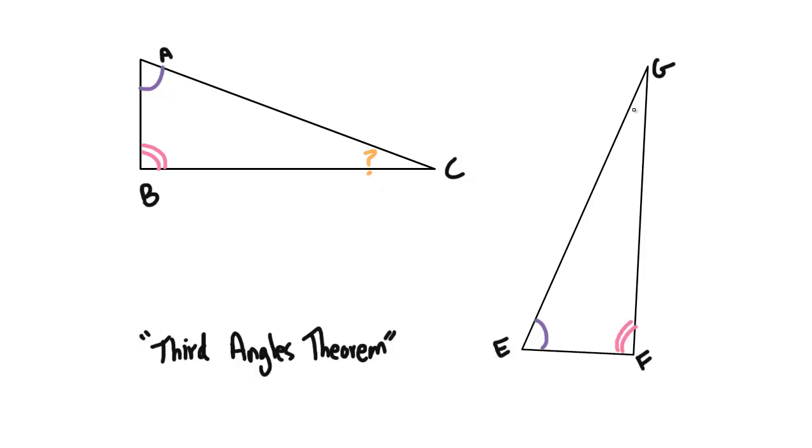So angle C and angle G. And that is that the two angles are also congruent, and that's because of the third angles theorem. So now we can write angle C is congruent to angle G, since we know that angle A is congruent to angle E and angle B is congruent to angle F.